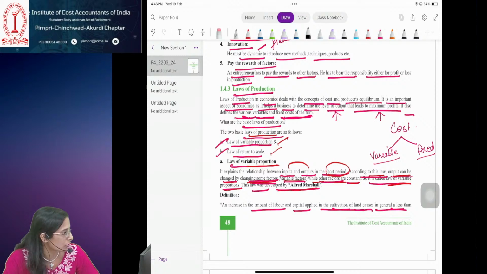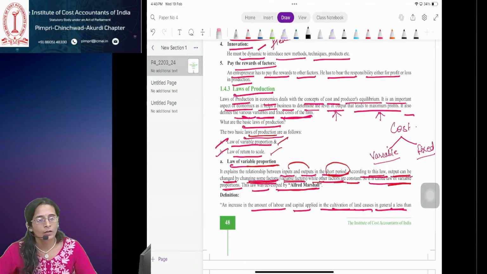Okay. She'll type till then. Can we move forward?